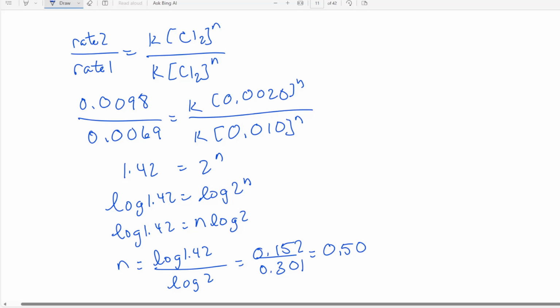So overall, our rate equation then is equal to K times CHCl3 to the first times Cl2 to the 1/2.